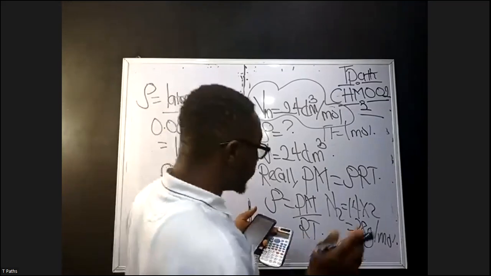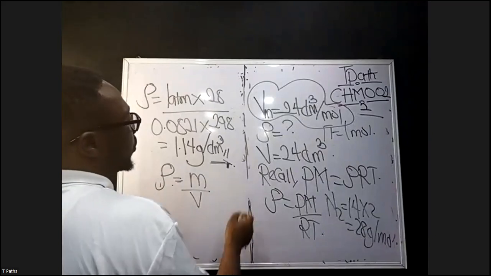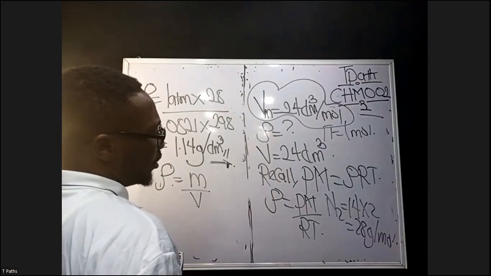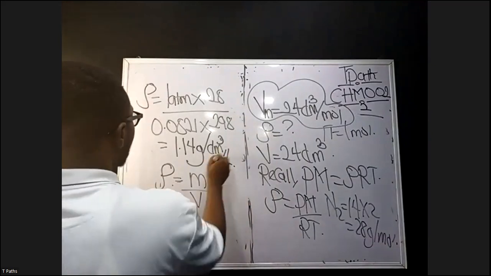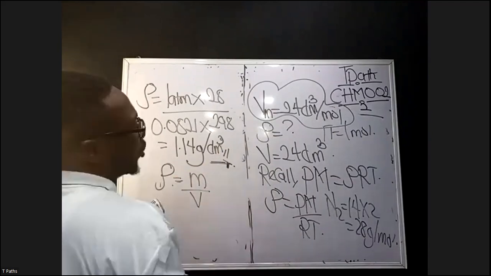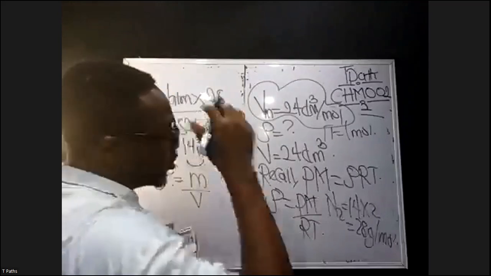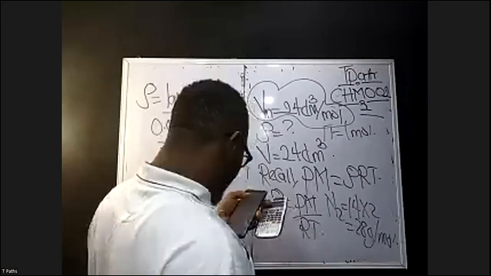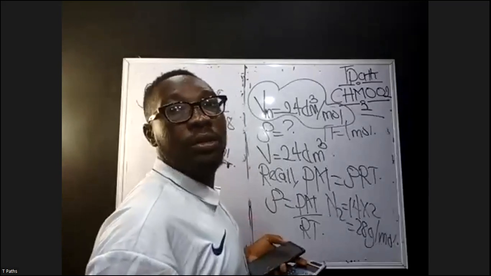No, that's correct. 28 gram per mole is correct. This is the volume. I'm trying to cross-check if anything was omitted here. So I think there is no exact answer. The closest answer to that question is option B. Because even then, in the question they told us that nitrogen is 14, but it's nitrogen gas, so that is 14 times 2.